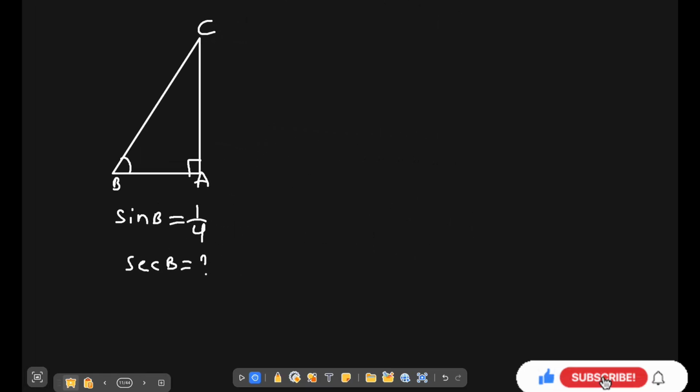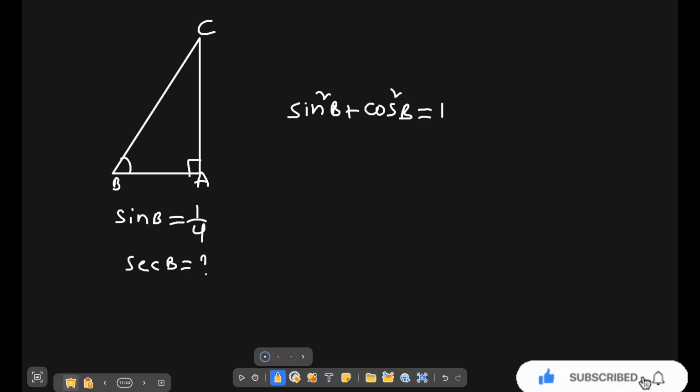So we know the first identity, sin square B plus cos square B is equal to 1. Now sin square B means 1 by 4 whole square, plus cos square B is equal to 1.